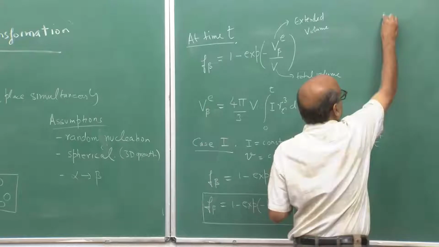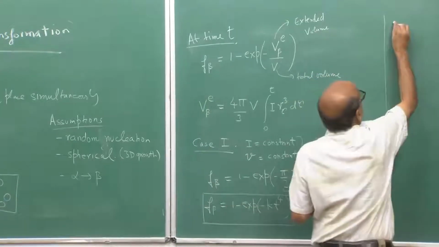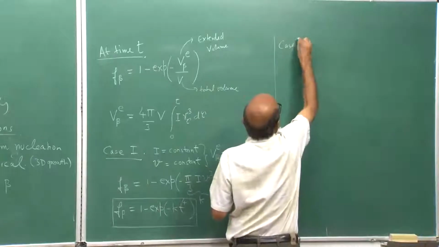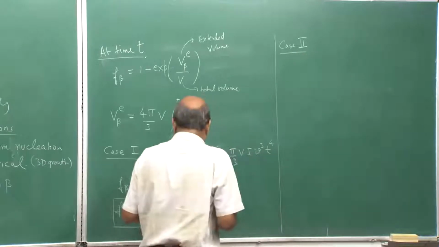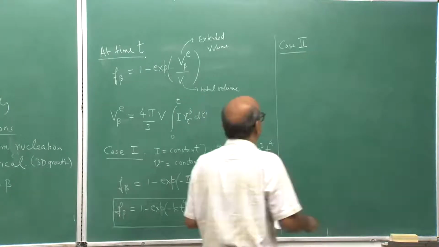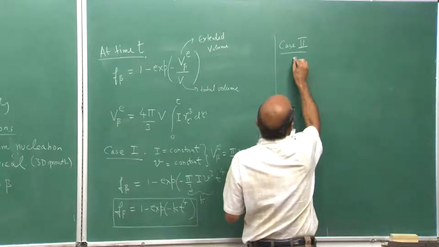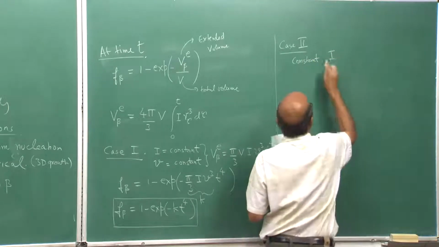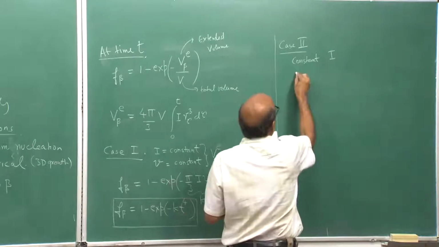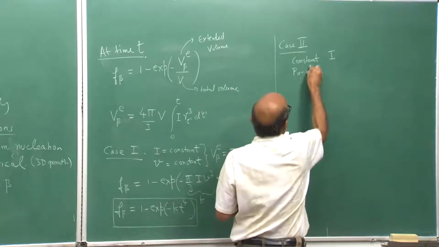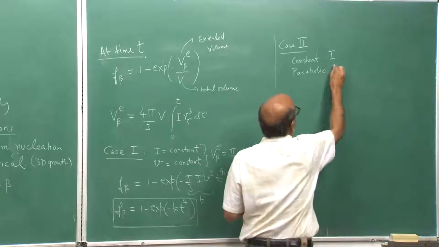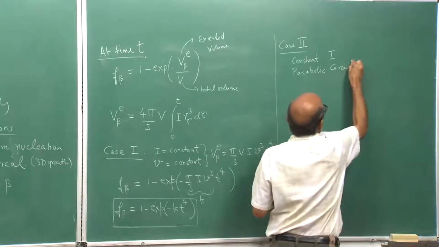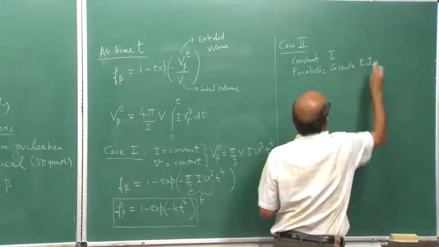A second case, case 2, suppose we have constant nucleation rate while the growth rate is parabolic. So, we have parabolic growth rate.